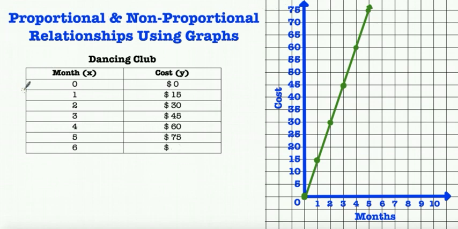If we notice on our table, we could see that the months are increasing by 1. And our cost here is increasing by $15.